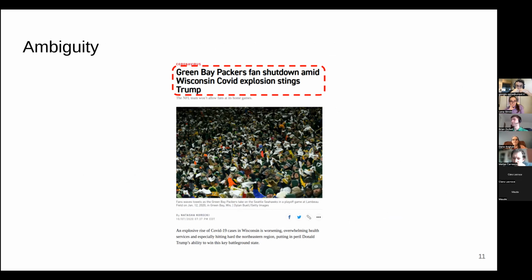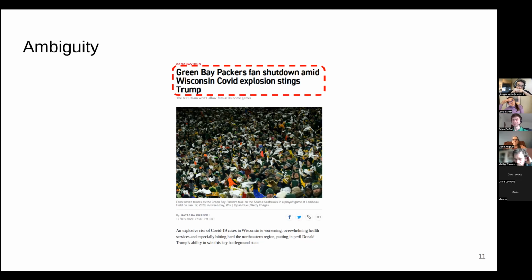So I'll give you a few moments to read this. All right, so the sentence is, Green Bay Packers fan shut down amid Wisconsin COVID explosion stings Trump.